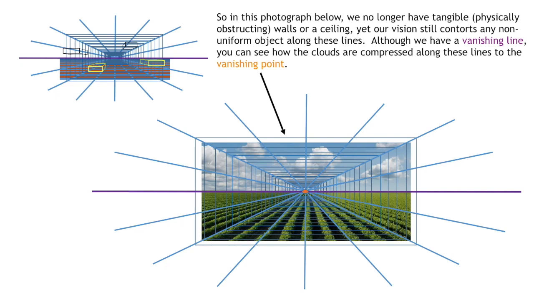We'll go through this a little bit more as we go. But in other words, if I just pick a point slightly to the left of the orange point in the distance, and I try to walk towards that point, you'll never reach it along that straight path, because that object just to the left of the orange vanishing point is possibly many miles away to your left, but that point is converging to your right, just like all the objects on your right are converging towards your left.